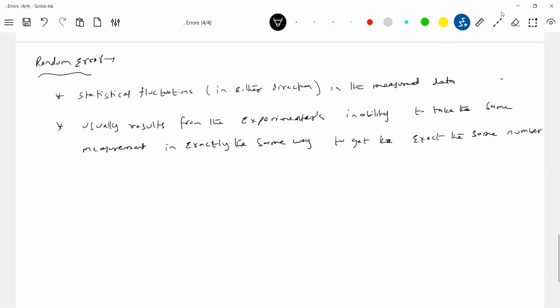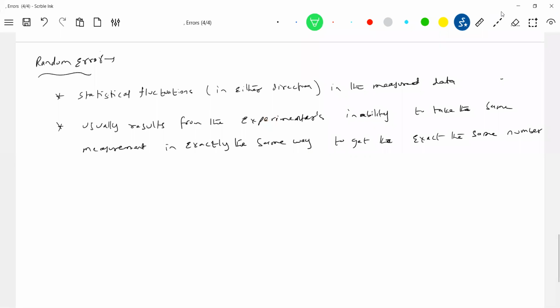I think books have given some definitions, but I felt you don't get any idea from them, so that's why I modified it like this. Usually results from the experimenter's inability to take the same measurement in exactly the same way. It's a problem with us. It's our inability to take the same measurement in exactly the same way. I think I'll bring some commas.